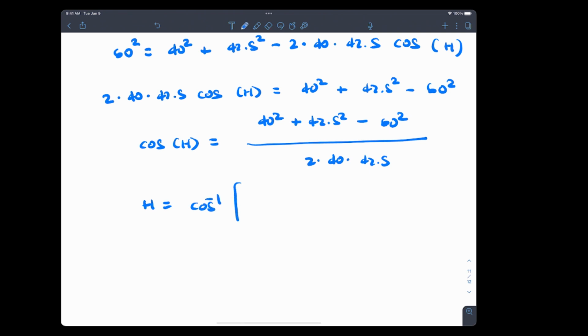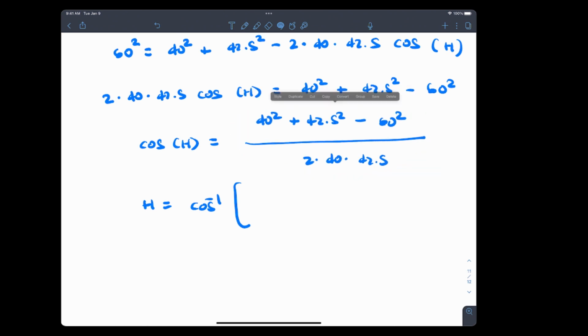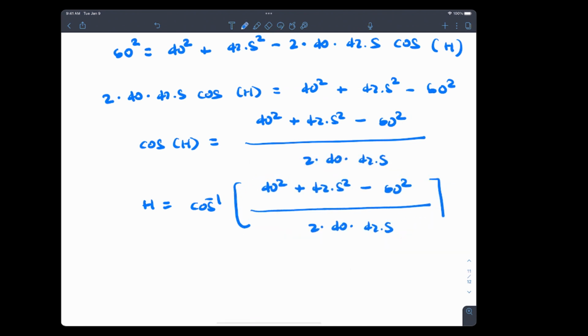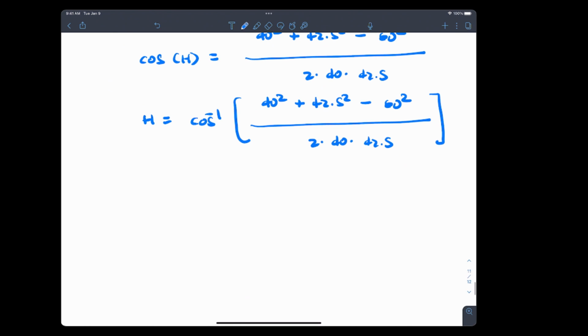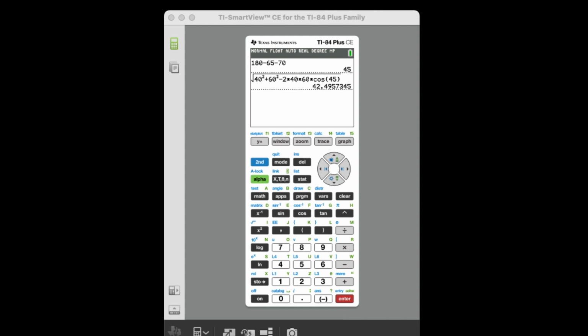Inverse cosine, and here you go. And so when we did this yesterday, what did we get? Do you guys remember what angle we got yesterday?